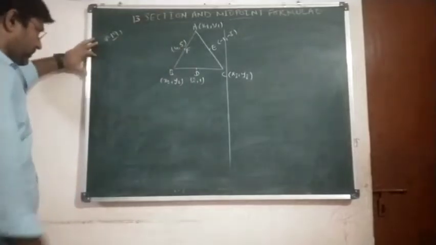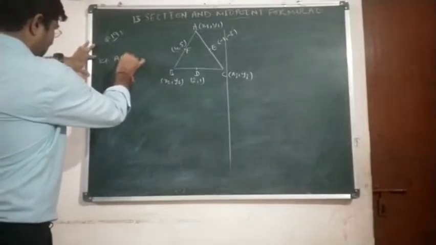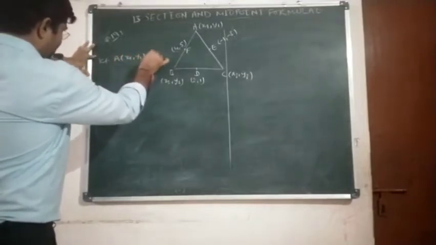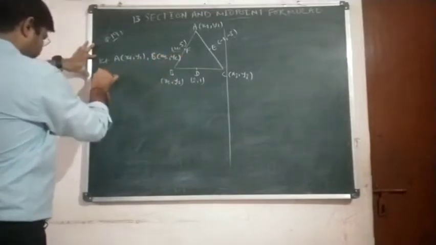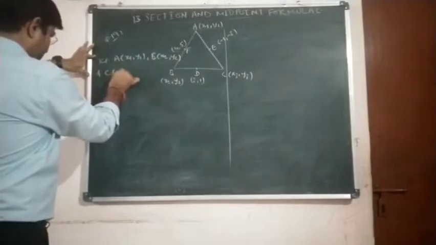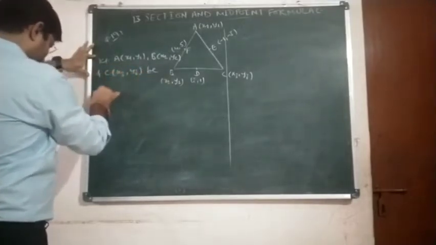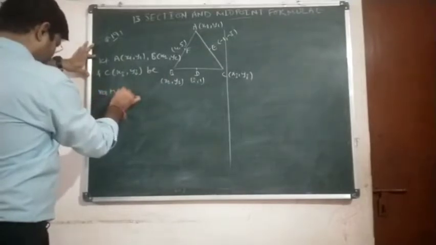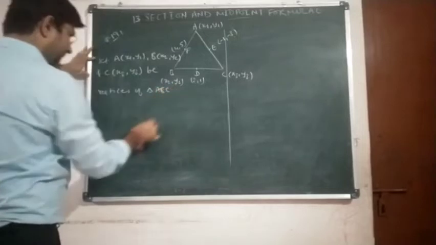F is the midpoint of AB. Before that we will write down: let A (x1, y1), B (x2, y2) and C (x3, y3) be the vertices of triangle ABC.